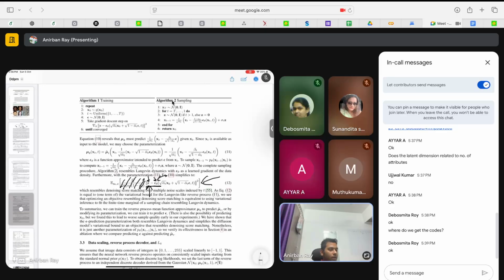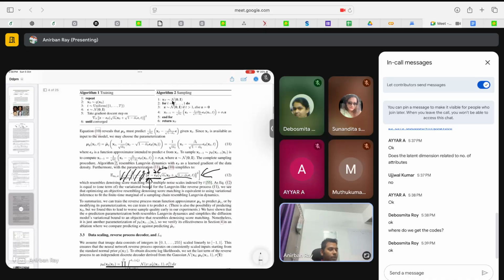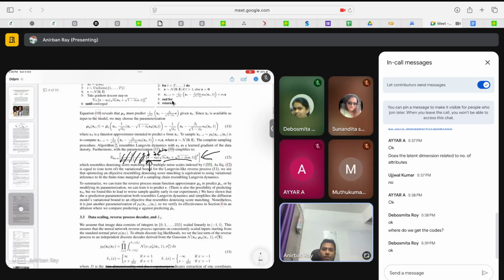And how does this parameter come? That is the derivation. If you have learned epsilon theta, that means you've learned theta. So you've learned the parameters of the forward process, reverse process, the denoising process.